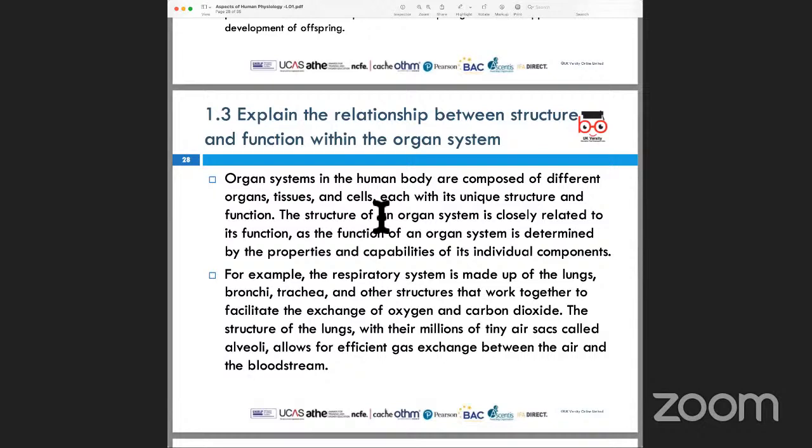So here, the assessment criteria is to talk about the different organs within the digestive system, like stomach, liver, spleen, pancreas, and then how they work together to allow the digestive system to absorb food that we eat, broken down into nutrients, into molecules like carbohydrates, fats, proteins, and then they are absorbed in the body.